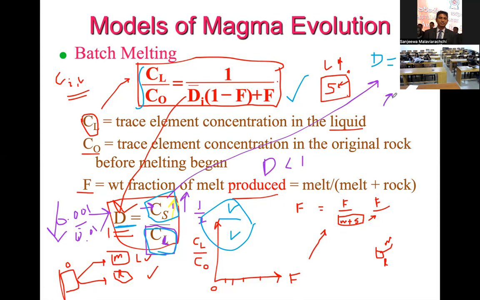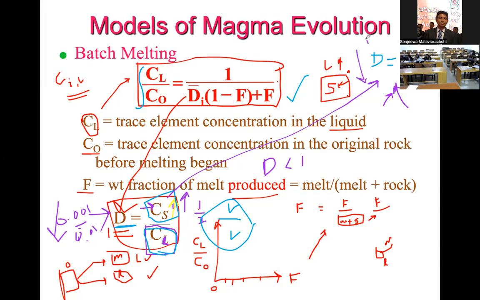If you consider extremely incompatible elements, the amount of element going into the CL component will be very high, isn't it? It should be very high, which means D should be very low.